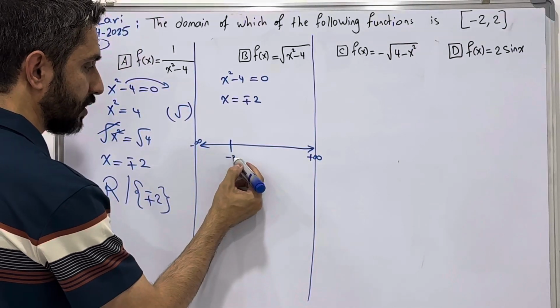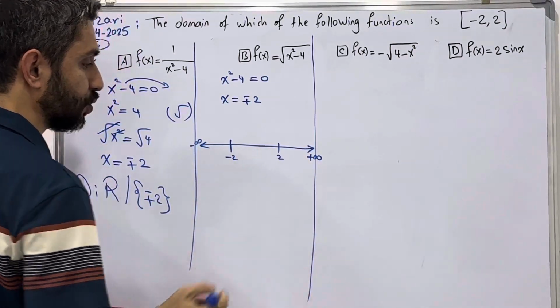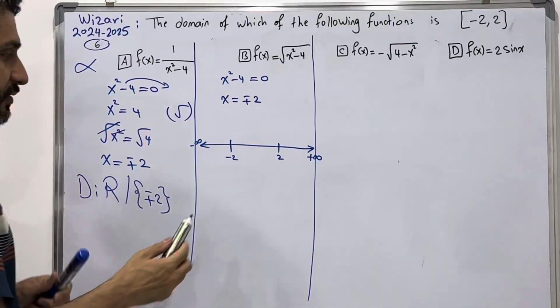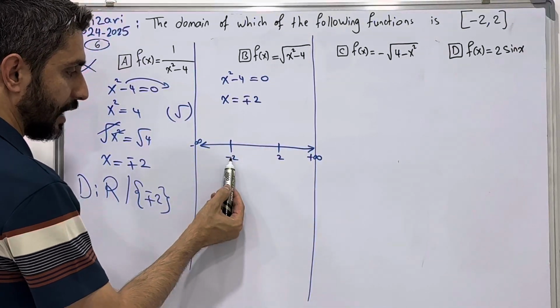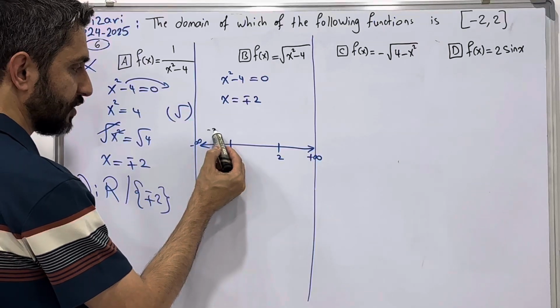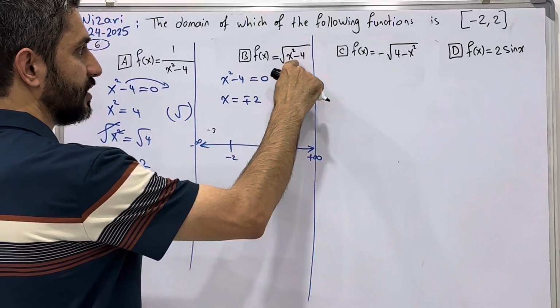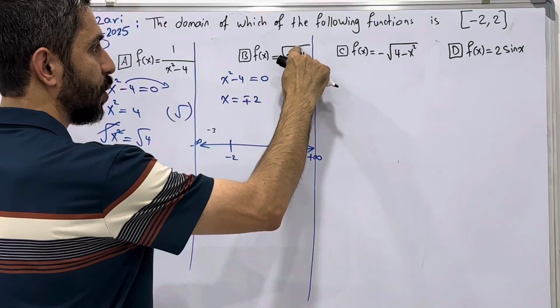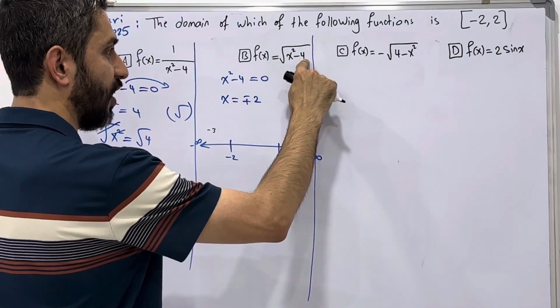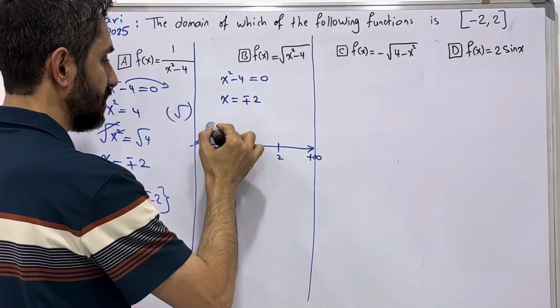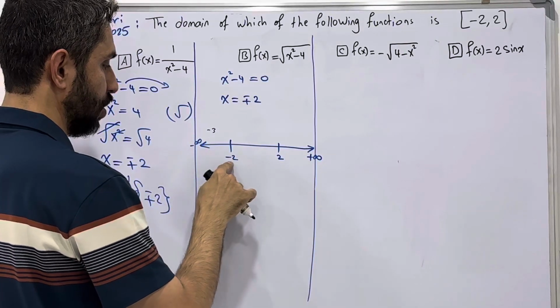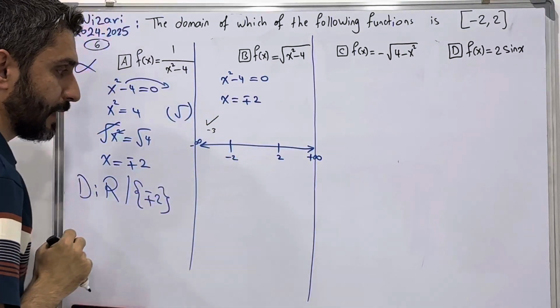Starting with the smaller one, negative 2, and then 2. Take a point from each interval, so we have 3 intervals. A value less than negative 2 is negative 3. Put negative 3 inside this square root, so negative 3 squared is 9, 9 minus 4 is 5, so it's positive. It means this area from negative infinity to negative 2 is the domain.